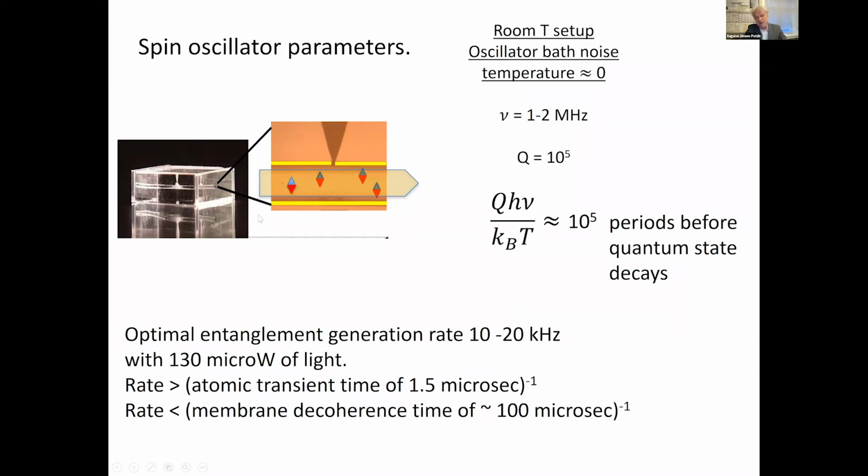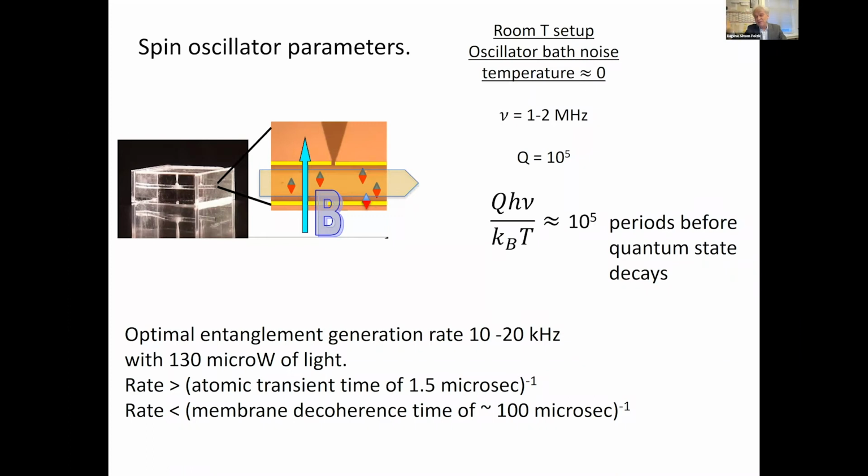Typically, if atoms move around inside this channel like that, then every collision with the wall will randomize the spin and will kill the quantum state, and that's no fun. But luckily, there are coatings that one can apply to the walls of this cell, and those coatings allow the spin state to be preserved over 10^5, 10^6 collisions.